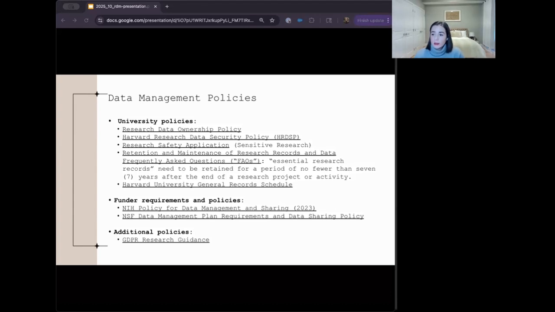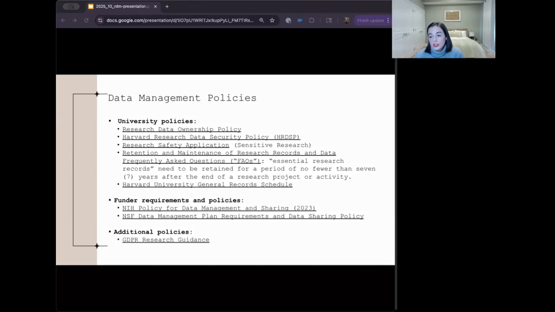And it also states that the PI or faculty member is responsible for maintaining the data and is considered the data steward. We then have the research data security policy, which offers guidance on how you can keep your data safe and secure. And it's focused specifically on confidential and sensitive research information.